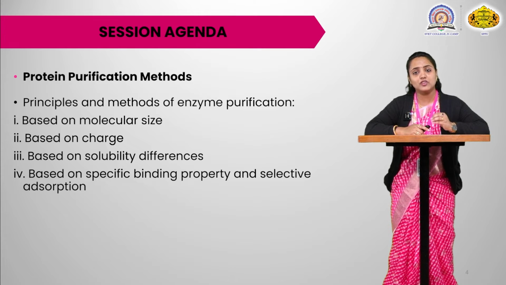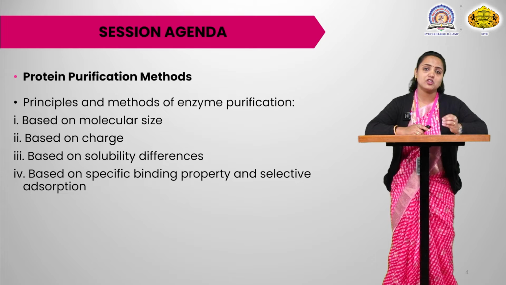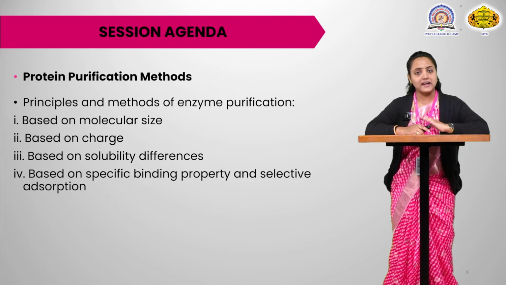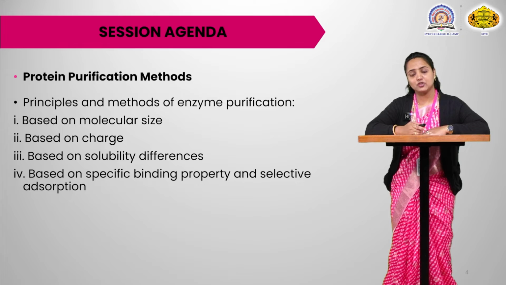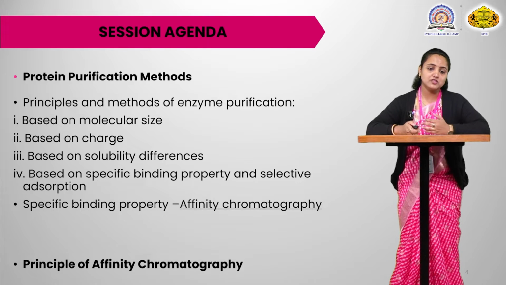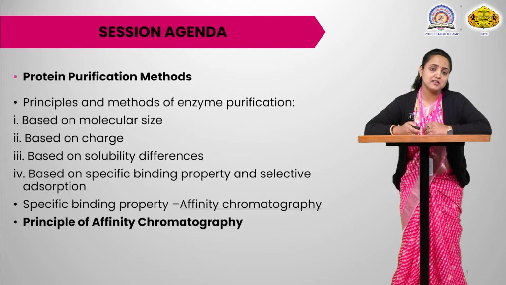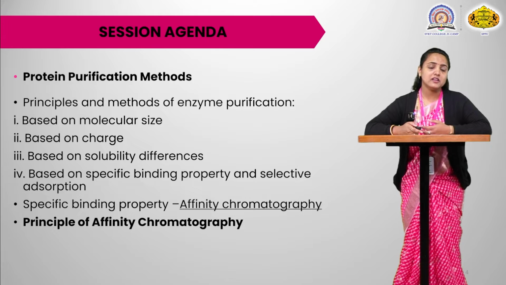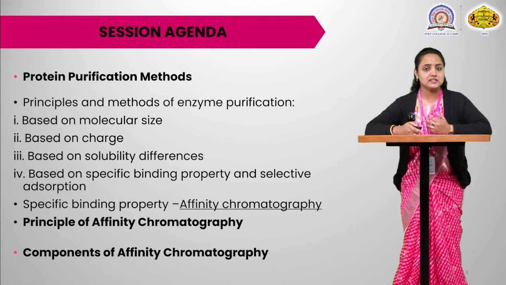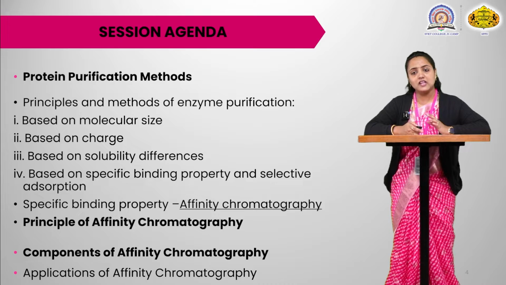We are going to choose that matrix according to the enzyme of interest. The enzyme which we have to purify, according to that the matrix is selected, and the enzyme is purified by using the affinity chromatography. We are going to see the principle and the working, its applications, its components, its advantages and the disadvantages.